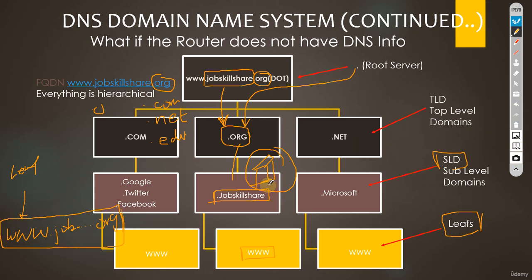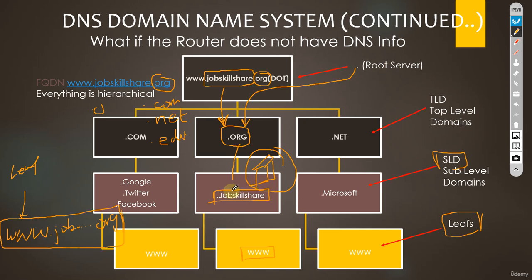Okay, so at this point, this hosting machine will have this domain name, job skill share, and this job skill share domain should have a public IP assigned against it, which our root server is looking for.